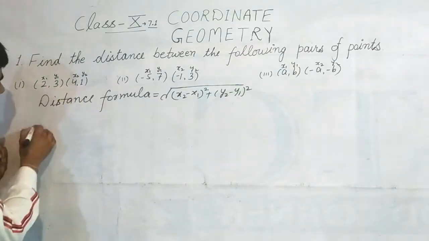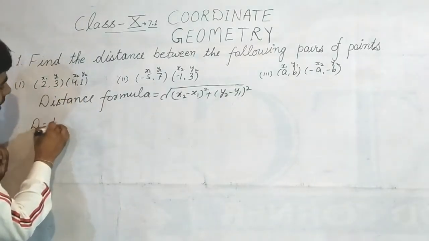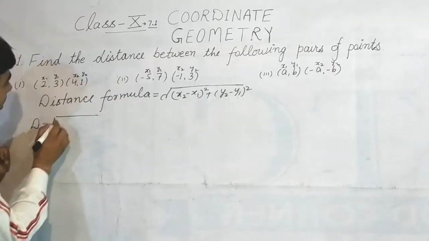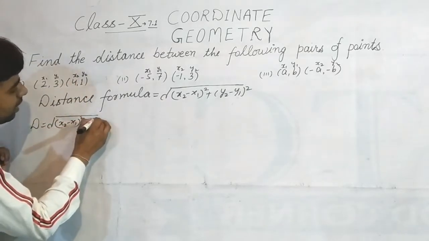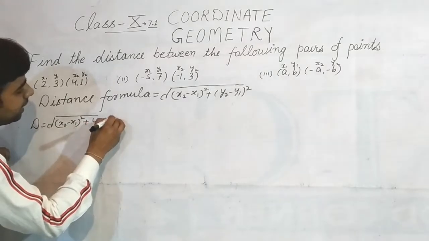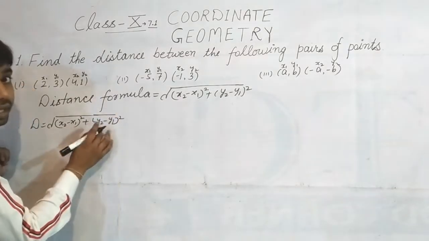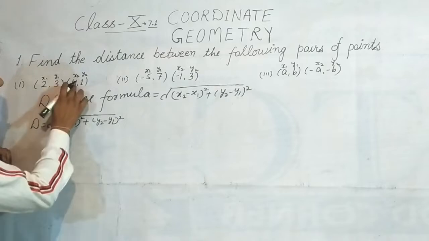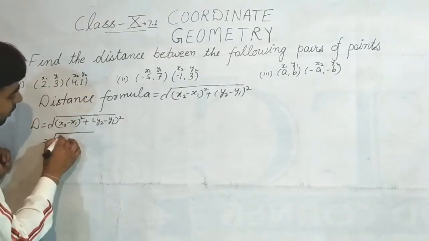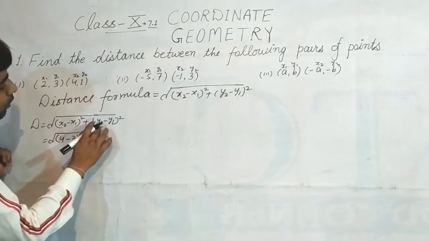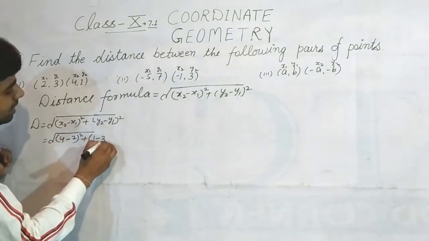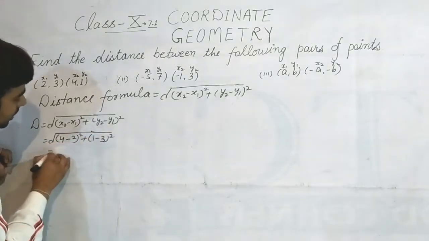So let us find out the distance. I am writing the formula for this one: x2 minus x1 to the whole square, y2 minus y1 to the whole square. What is x2 here? x2 is this one. 4 minus 2 to the whole square, y2 1 minus 3 to the whole square.